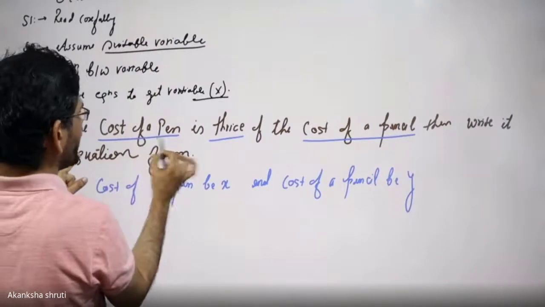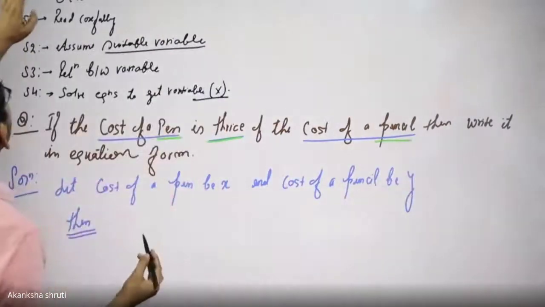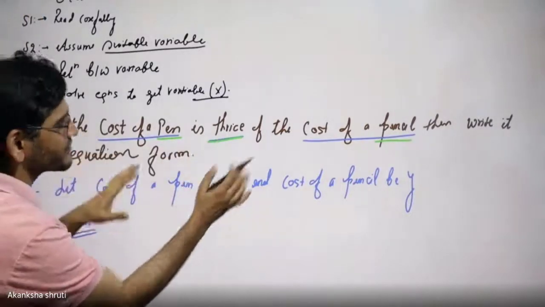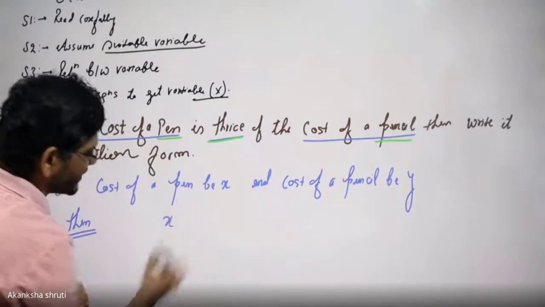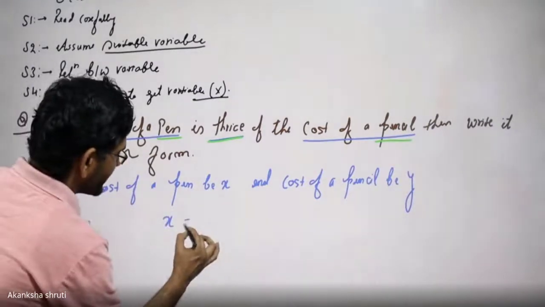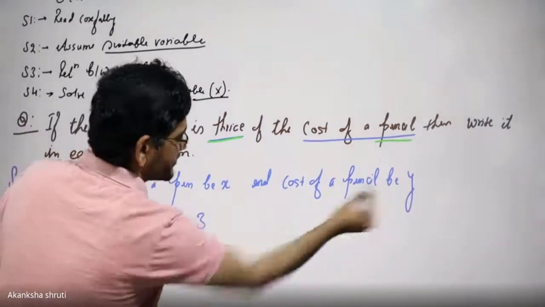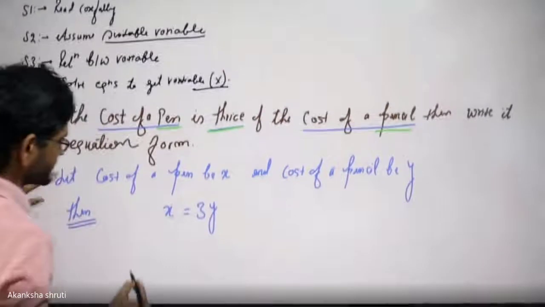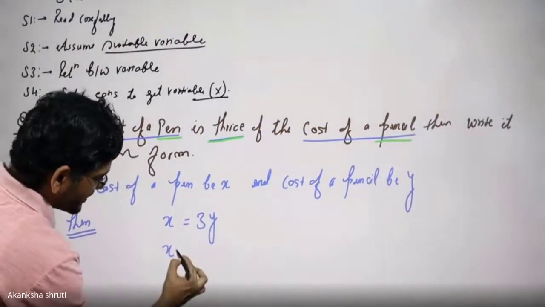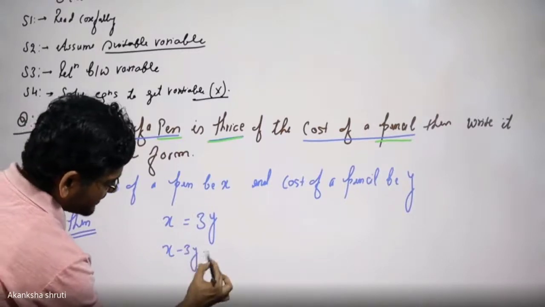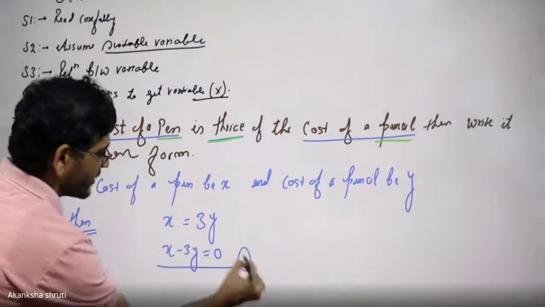The cost of a pen is thrice, meaning 3 times the cost of a pencil. Whatever this statement says, we have to write mathematically. So the cost of one pen is 3 times the cost of the pencil y. So what is the equation? The equation is x, taking this to the left-hand side, minus 3y is equal to 0. So this is the required answer.